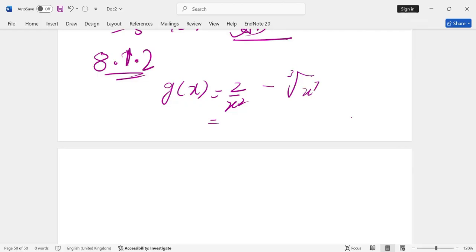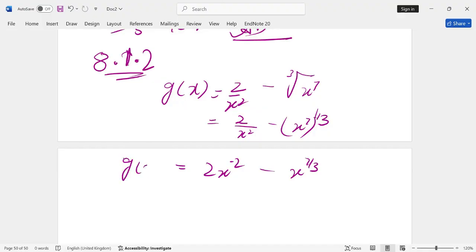Okay, so I'm just converting the equation: 2x^(-2) minus x^(7/3). Okay, this is g of x.